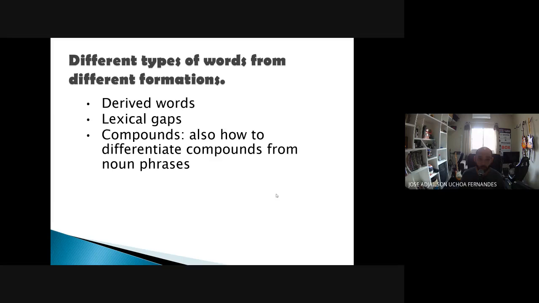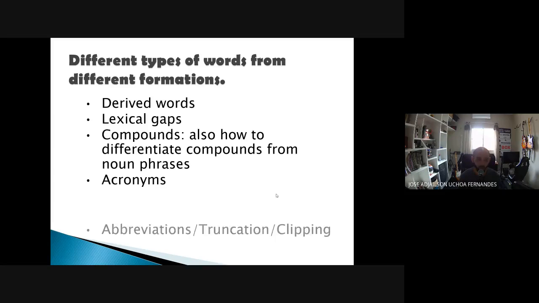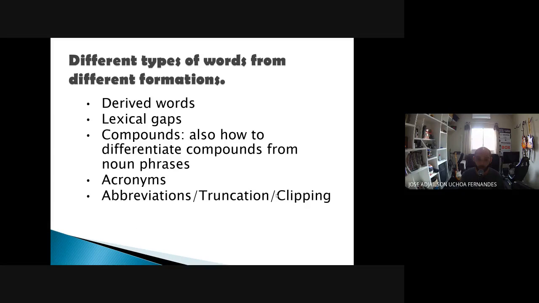Then we have the compounds, okay? And we are going to discuss how to make a difference between compounds and noun phrases, especially because we are going to see the noun phrase when we come to the syntax part of this course. We have acronyms, we have abbreviations, truncation, and clipping, okay? And also eponyms.